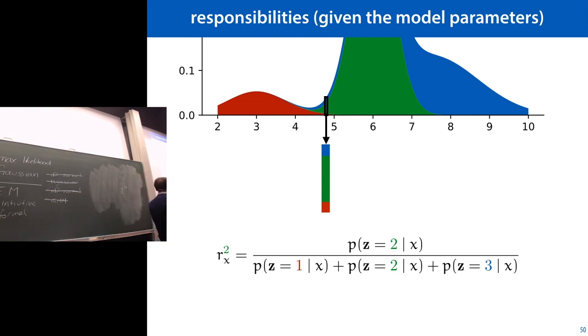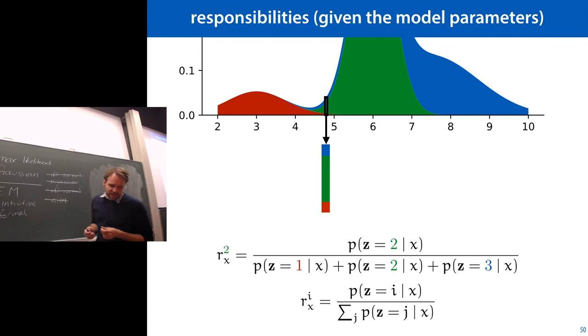And the responsibility of the green component is just the proportion of green in this sum. How much did the green component contribute to this total probability density, which is just the probability of z given x, normalized by the total probability density. So it's like this.